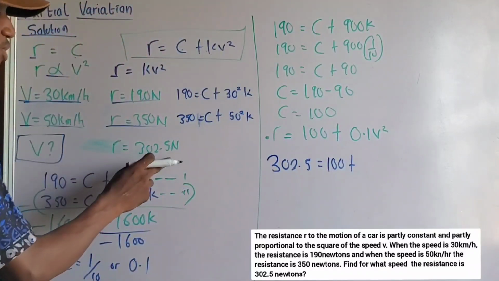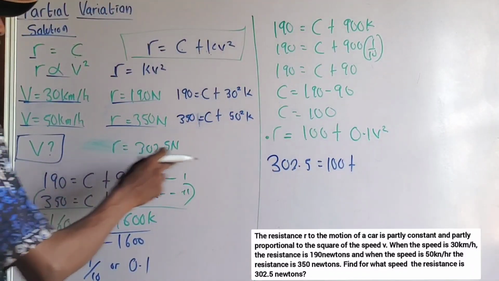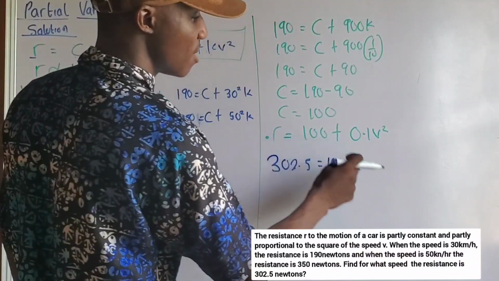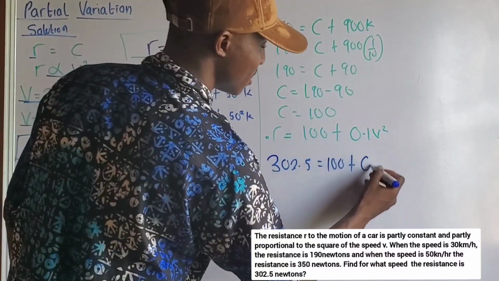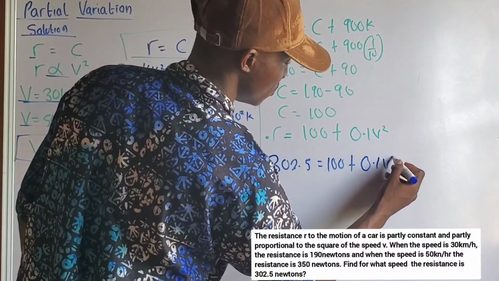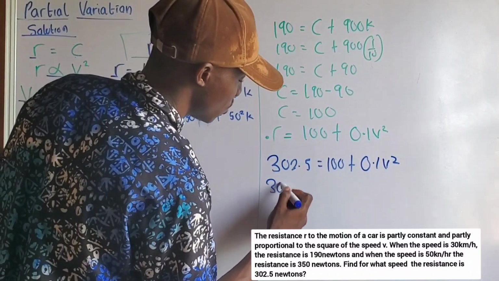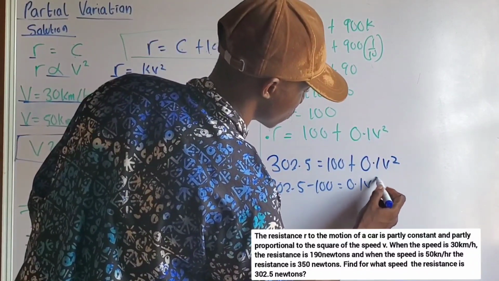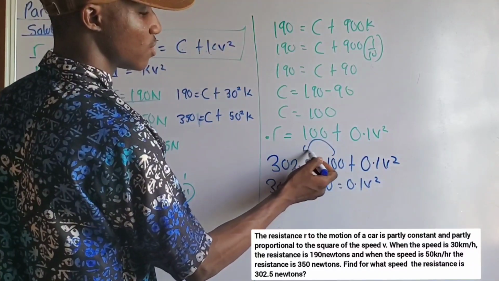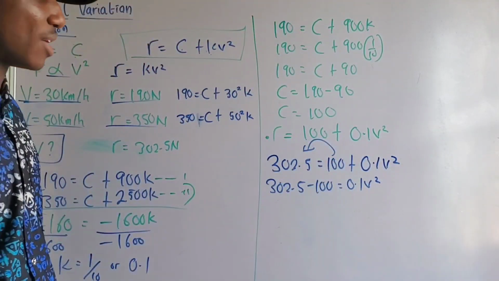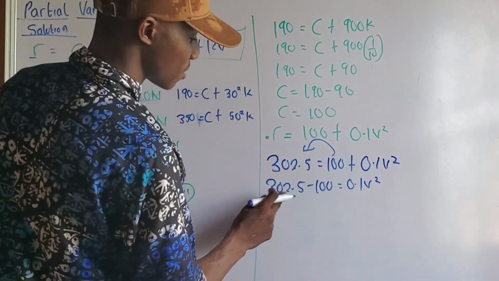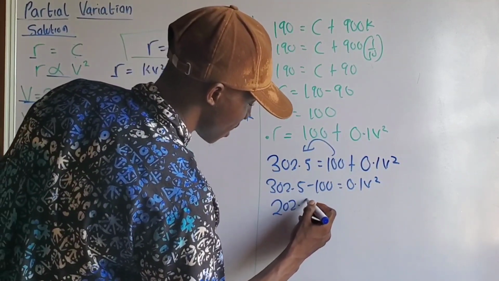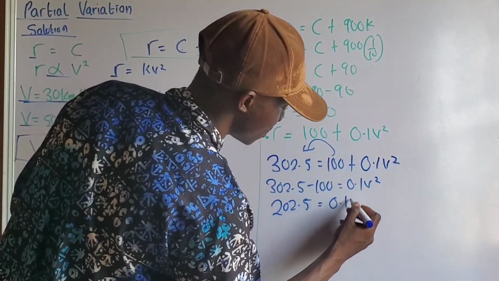Now when r is equal to 302.5 newtons, I'm going to have 302.5, which is r, equals 100, which is the constant that I got, plus 0.1 multiplied by v squared. Do you understand? Okay, 302.5 minus 100 equals 0.1 v squared. What I did is that I just took this 100 to the left hand side of the equation, so I got the negative sign. Now subtracting, I'm going to have 202.5 equals 0.1 v squared.